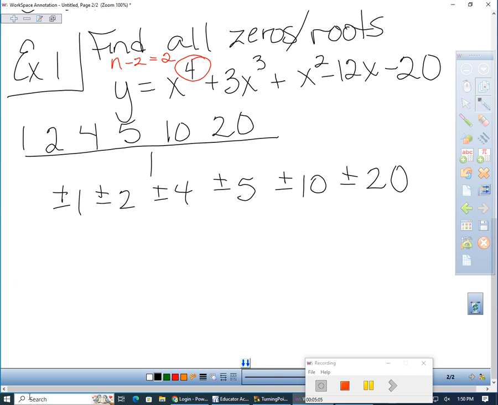So I want you guys to go ahead, grab your graphing calculator, type in this polynomial, and find me 2 zeros from our list.